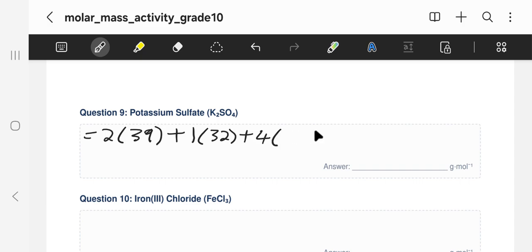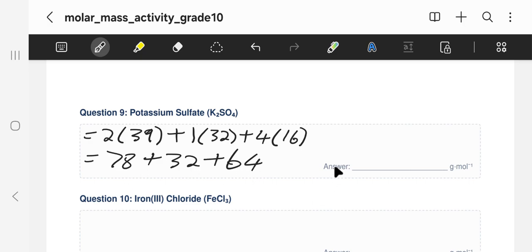We have 4 oxygens, and the mass of oxygen is 16. Then we say 2 times 39, it gives us 78, plus 1 times 32 is going to be 32, plus 4 times 16 is going to be 64. Then we add all of these numbers together, and the answer we get is 174 grams per mole.